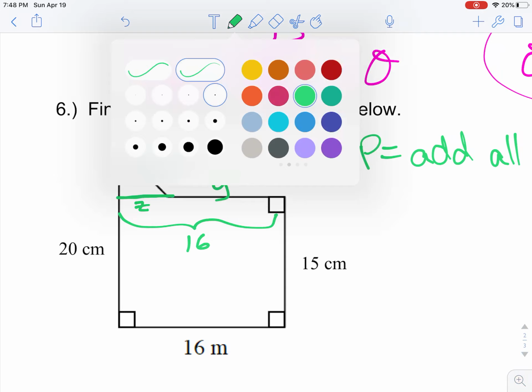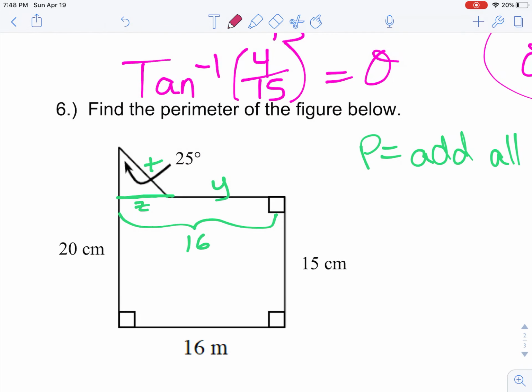I'm going to go ahead and change colors again. So if this length is 15, that means that this length has to be 15. So if this length is 15, but the whole side equals 20, that means that this length from here to here must be 5, because 5 plus 15 gives us that 20 centimeters that it says that side has to equal.